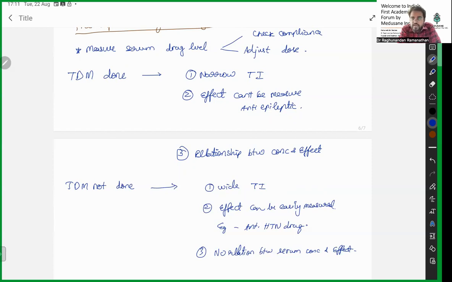Today, after completing this, I request you to see the lecture of Dr. Rashmi ma'am, where she dealt with ABG, which will be very useful for understanding your pathology, biochemistry and medicine. Arterial blood gas analysis is a very important clinical test, so if you have time, go through it.